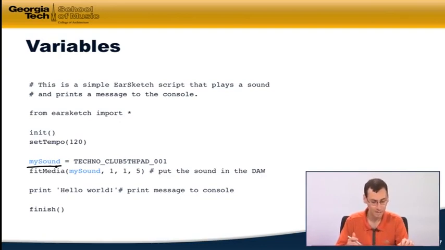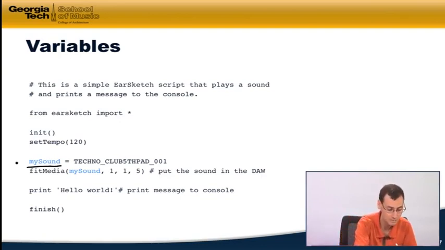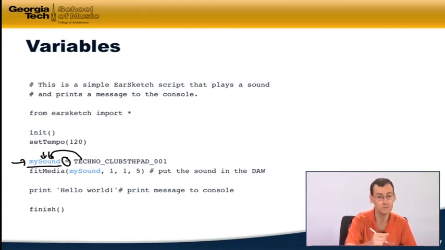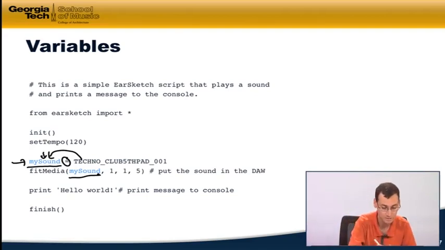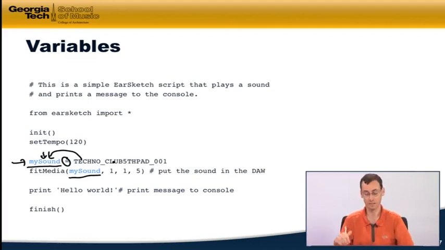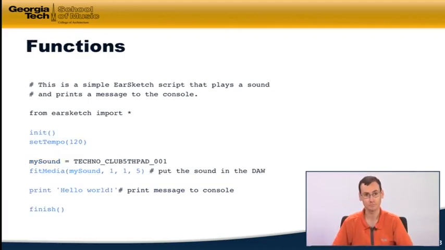And then this is an assignment statement here, this line, because I'm assigning, by using the equal sign, the value of this constant to the variable. Down here, this is a reference to the variable because I'm just using the variable name to say I want to pull whatever value I stored in that variable, whatever I put into that bucket, I want to take it out and use it here. So by using mySound here, I'm taking that value I'd stored, the techno club 5th pad, and using that in that particular location.